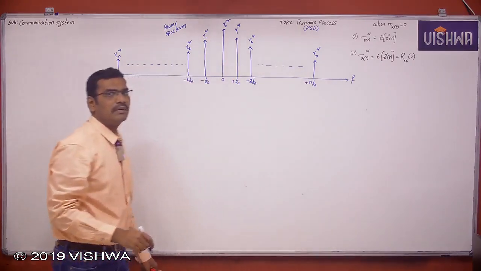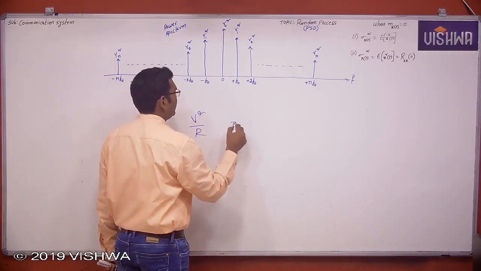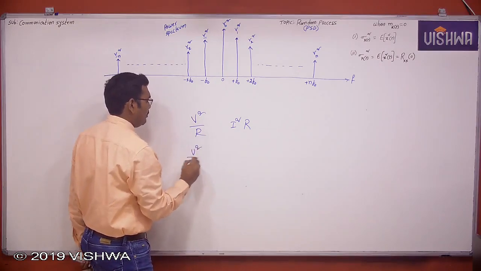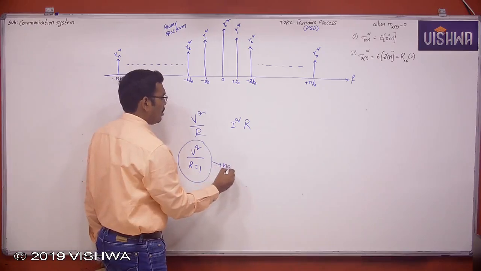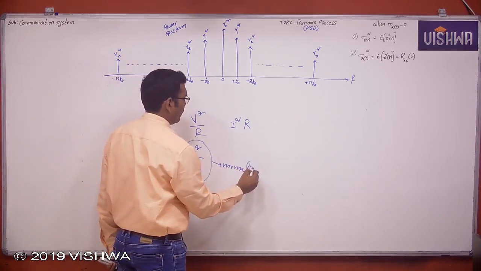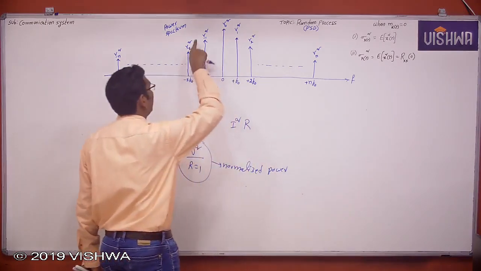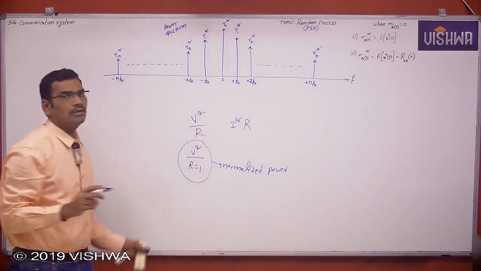Sir, which power? V square by R or I square into R is power. But here I just take only V square, meaning R equal to 1. Therefore, this power is nothing but normalized power. These are the normalized powers distributed over the frequency range. Therefore, this is a two-sided power spectrum.